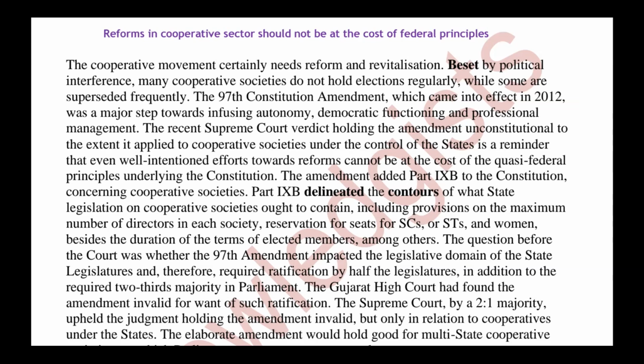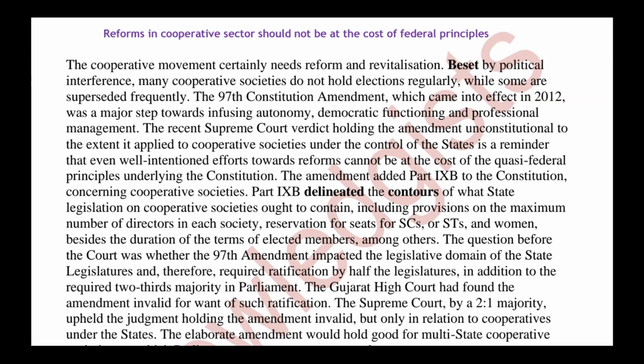So यहाँ पे क्या बोला गया है? The cooperative movement certainly needs reform and revitalization. It needs some changes and something new must be done for the development of the cooperative movement. Beset by political interference, many cooperative societies do not hold elections regularly, while some are superseded frequently. तो फिर क्या है?